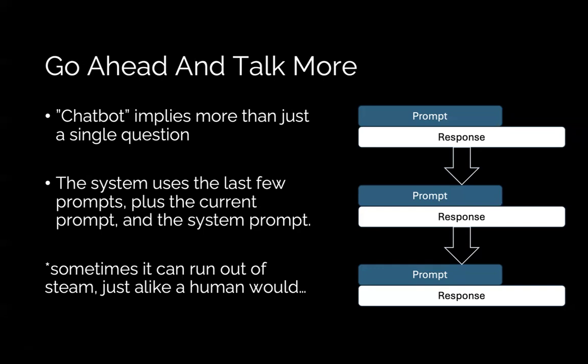When you're doing a series and you don't refresh it and say new chat, it actually takes the old question and answer and includes it with your new question and gives you a response that considers what you'd been asking before. Now, it can run out of gas if you do this 15 times in a row, but often the second or third answer, depending on what you're asking, can become really interesting and really high quality.